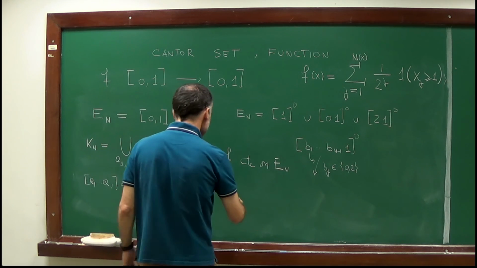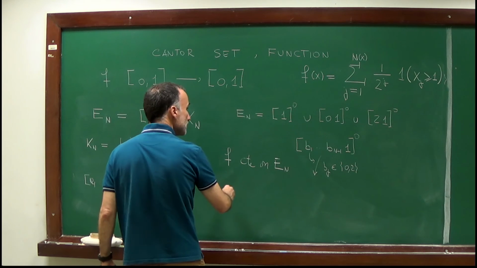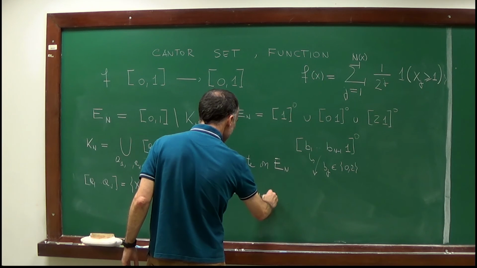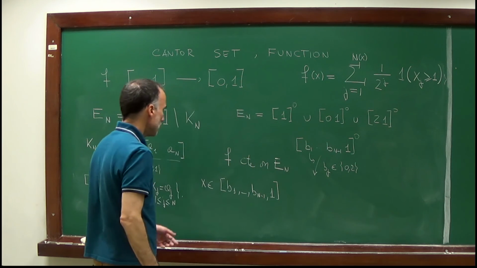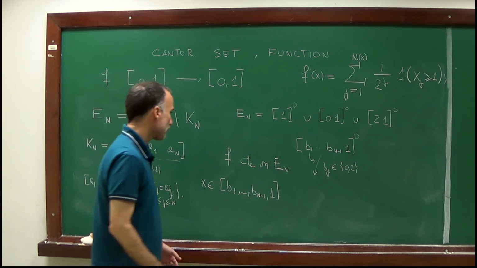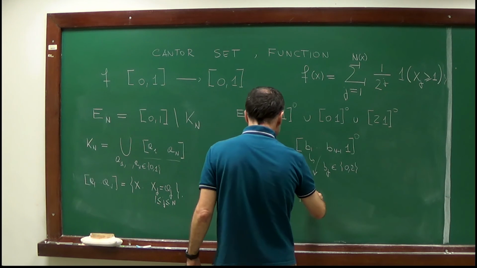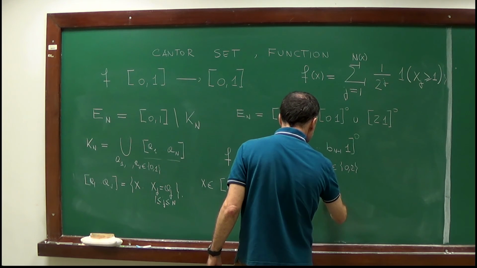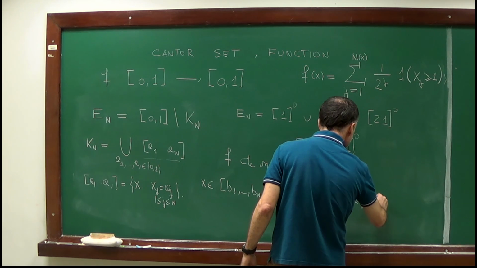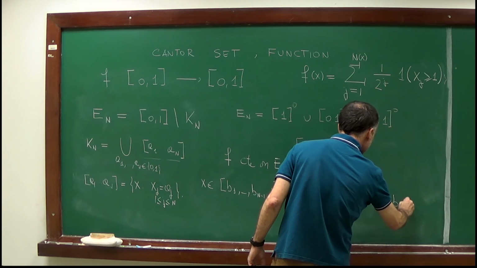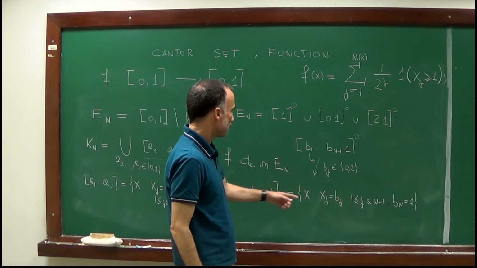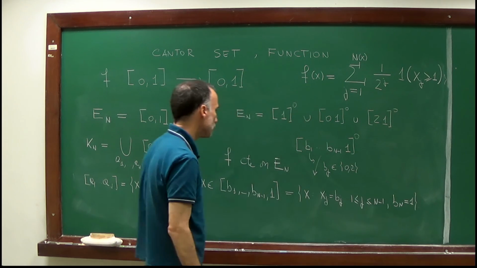So let's take a point x in this set b_1, ..., b_{n-1}, 1, where b_1, ..., b_{n-1} are different from 1. So all b_j's are different from 1, so they are either 0 or 2.